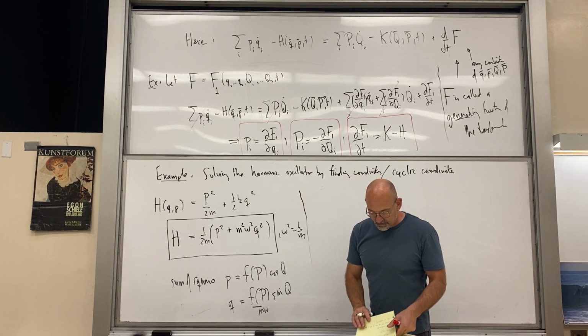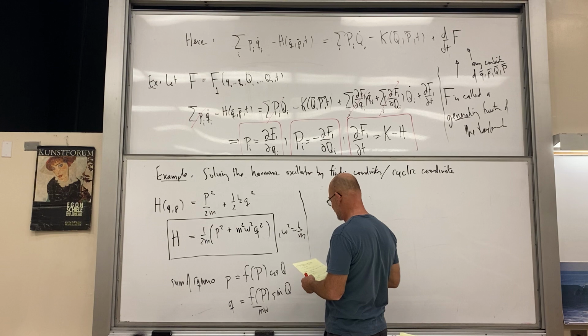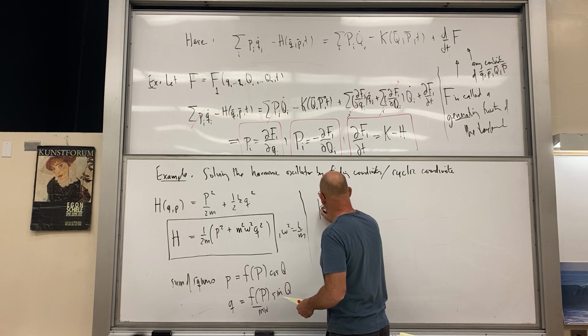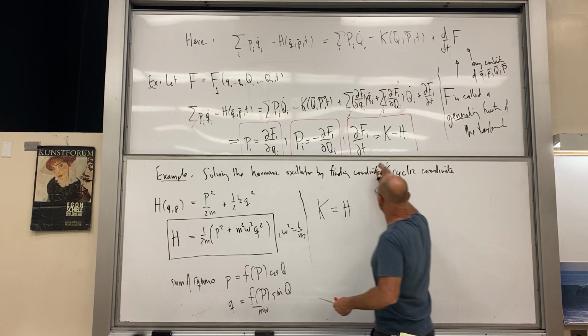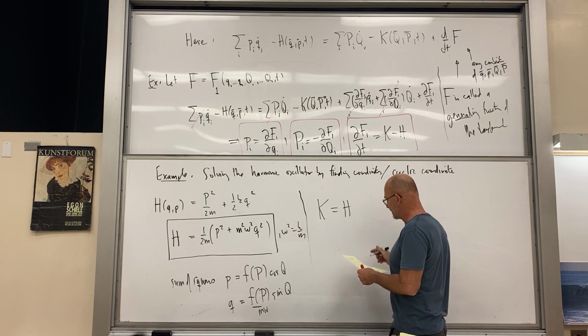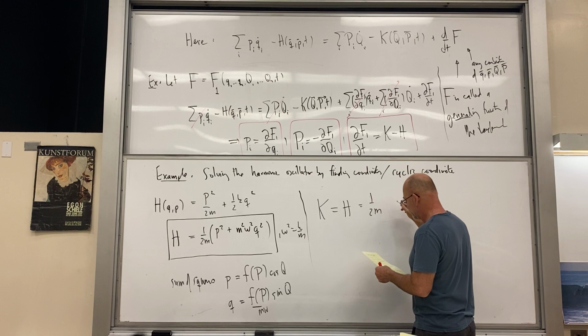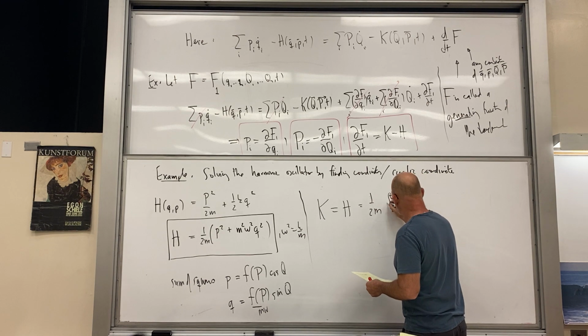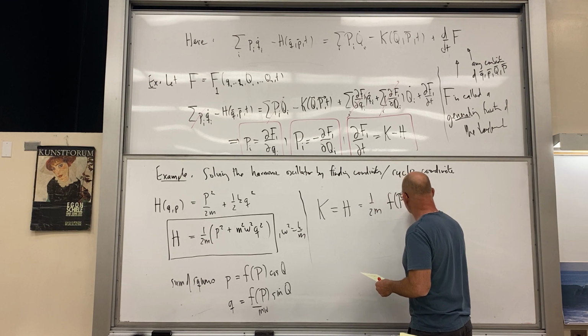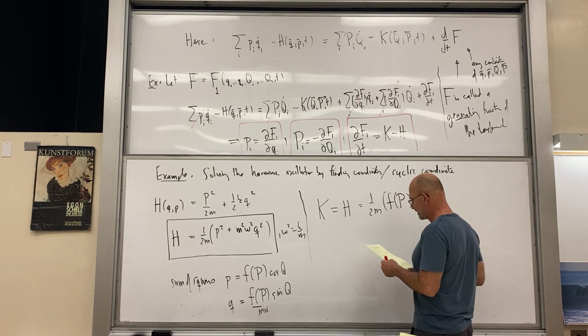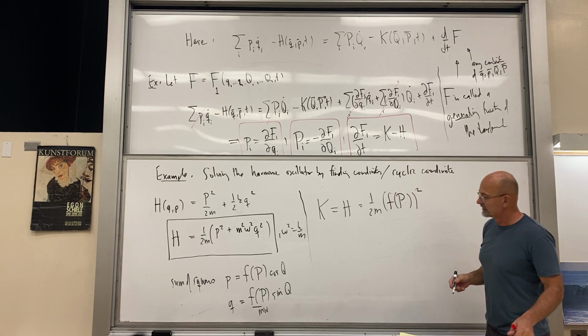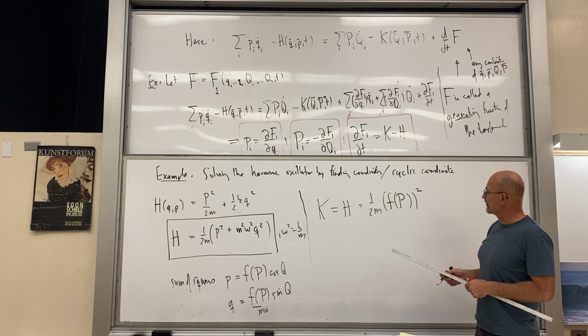So the next thing: K is equal to H because we don't have explicit time dependence. So then we have 1 over 2m times the quantity f of p squared.